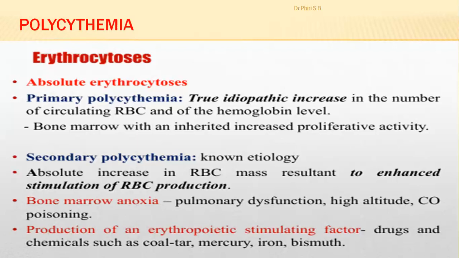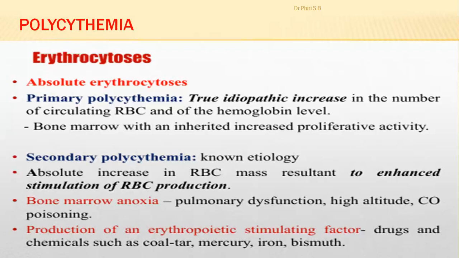So when you have mutation of these proteins, even if erythropoietin is not attaching to them, it can stimulate the hematopoietic stem cell to differentiate into more of the red blood cells. So you find that you have an increase in the production of red blood cell in absence of erythropoietin. So this is the primary polycythemia.